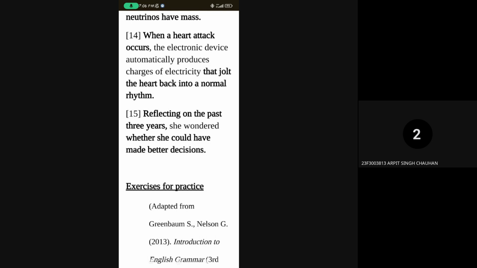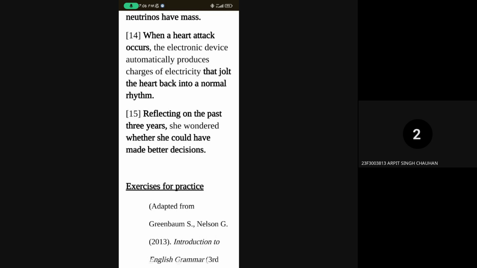Basically manner, right? Then it has to be adverbial. If it is referring to how or the manner in which an action has happened, then definitely it is an adverbial clause, right?